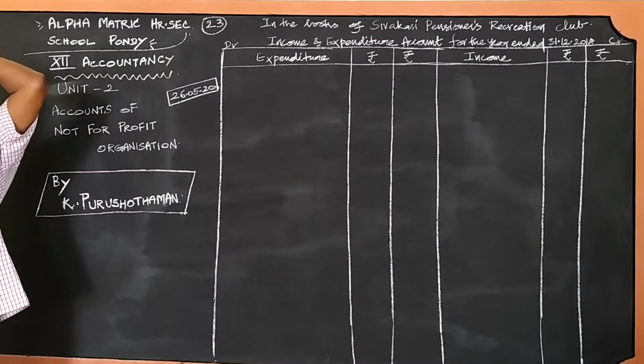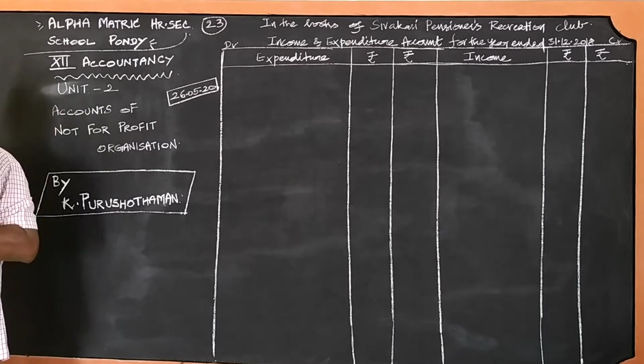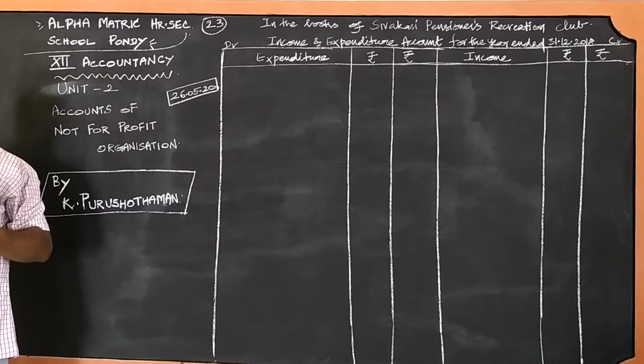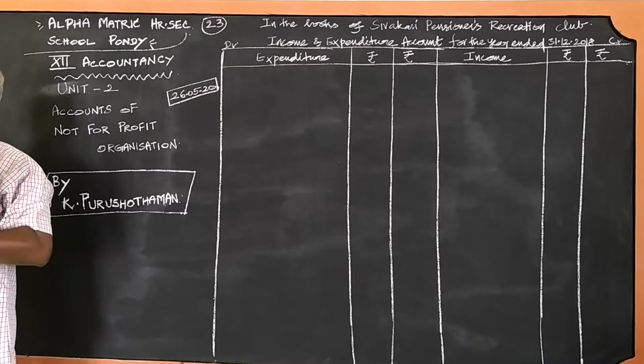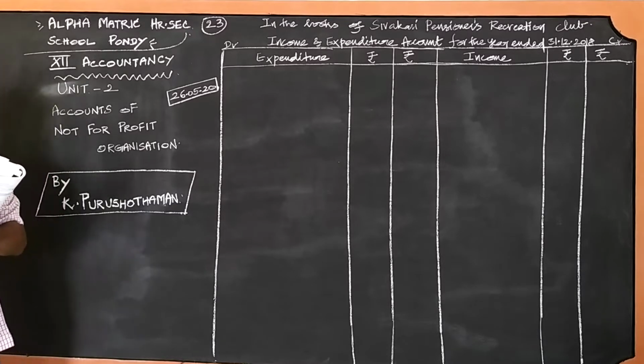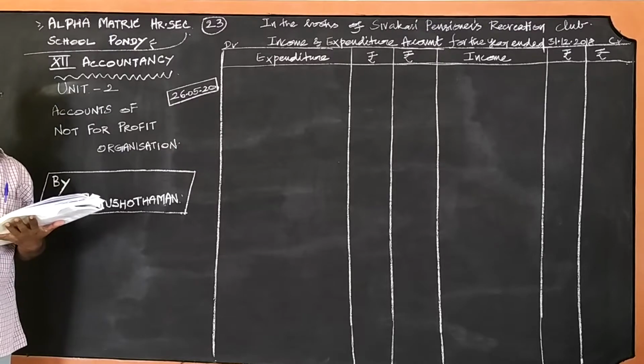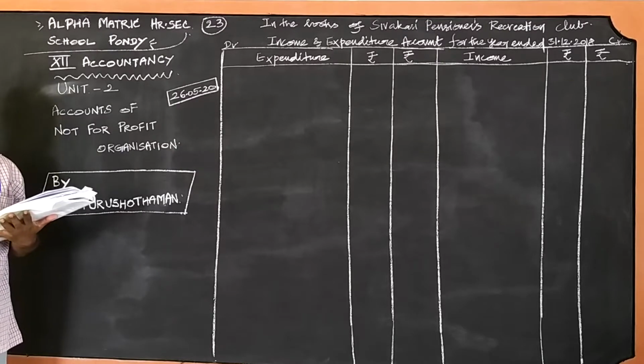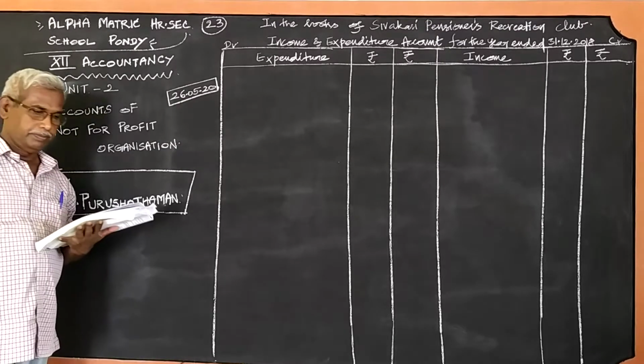Okay, now we shall go to the problem. There are two more problems including this 23 and 24. As these are the final opportunity, I am repeating the same rules you should strictly follow when you prepare an income and expenditure account.